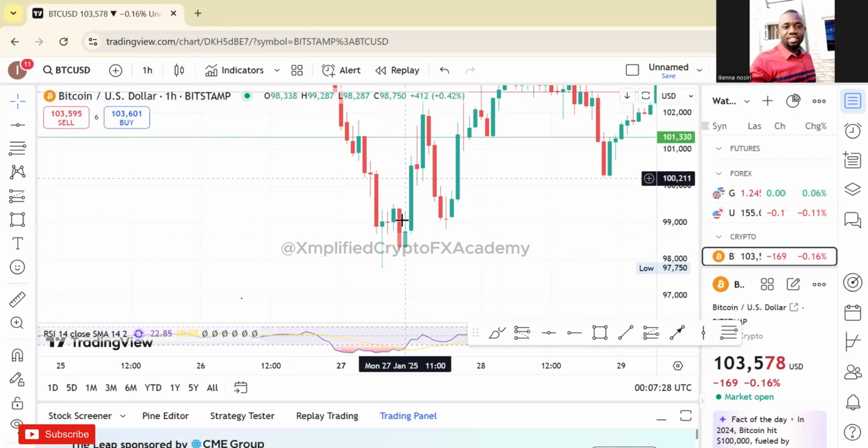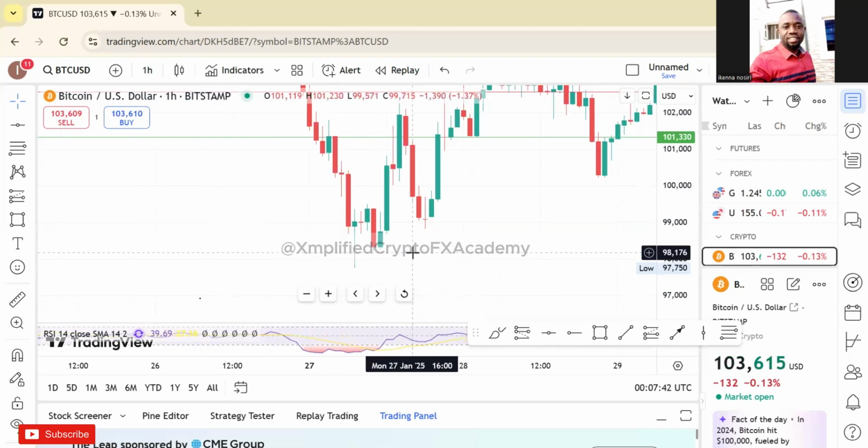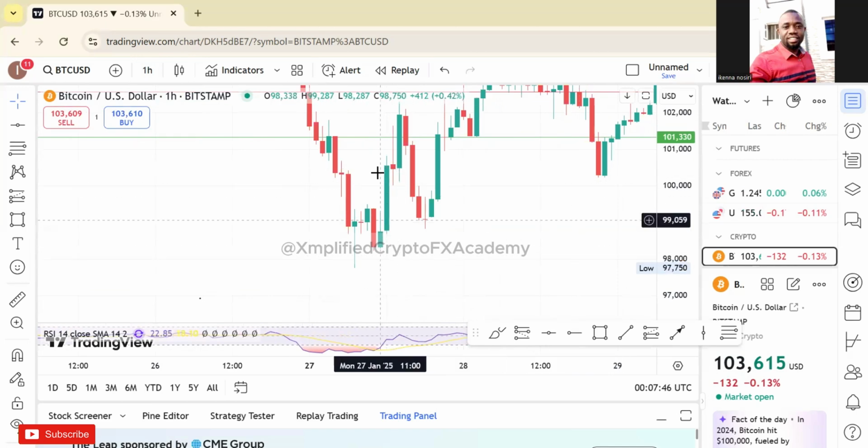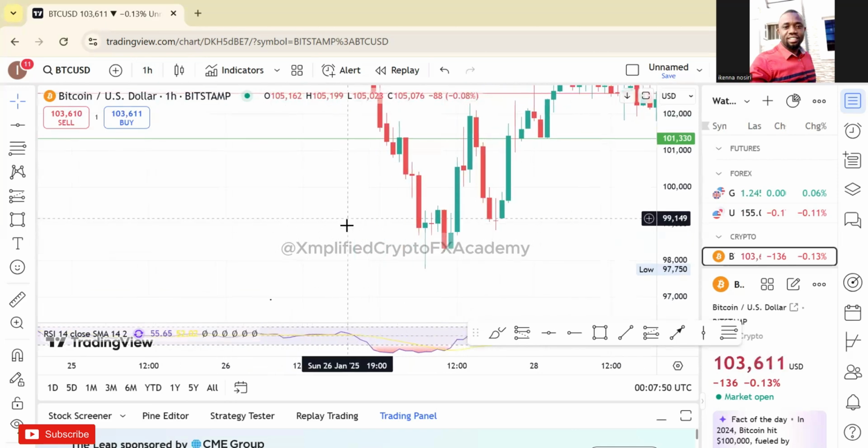It engulfed the previous candle, though the previous candle is a bullish candle actually. We want the engulfed candle to be a red candle, but despite being green or red, this is an engulfing candle. It is a sign that the bulls have started.